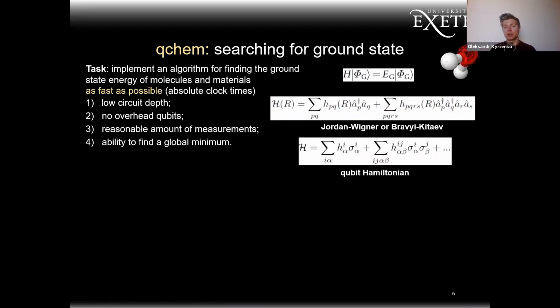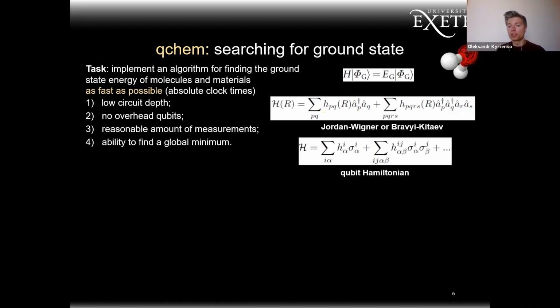And as I explained before, our goal will be to search for the ground state of some molecule. Since I'm a physicist, I don't care that much about how the initial Hamiltonian in terms of fermions was obtained. Let's say it's an outstanding challenging problem.